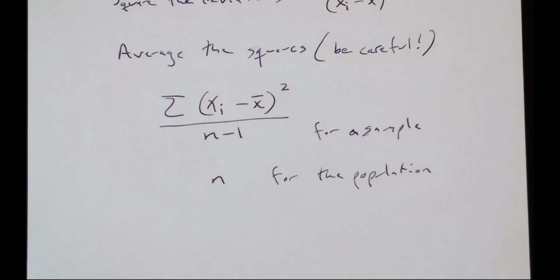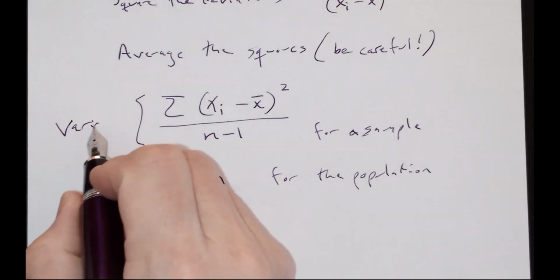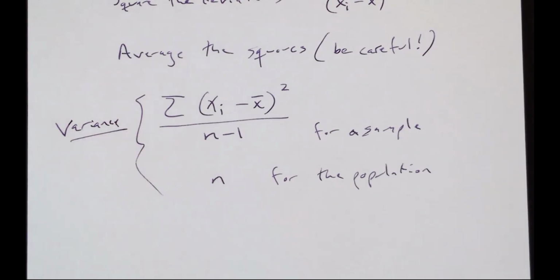This number, by the way, this thing that we come up with when we add up and divide, is called the variance. The problem with variance is that it's squared. So if I was talking about dollars, this would be in square dollars. You know how to spend square dollars? I don't even know what square dollars are.